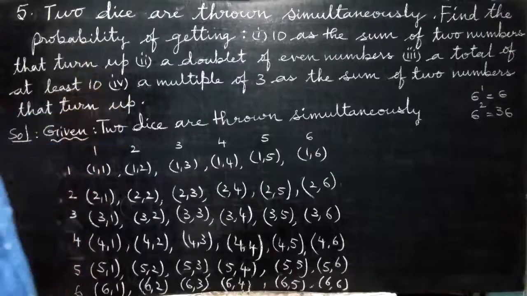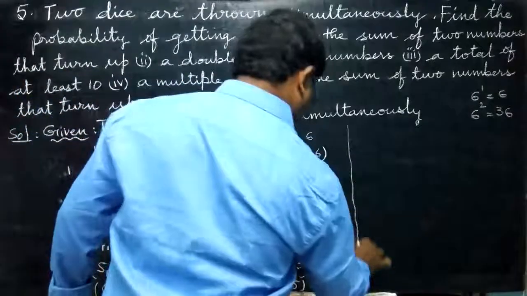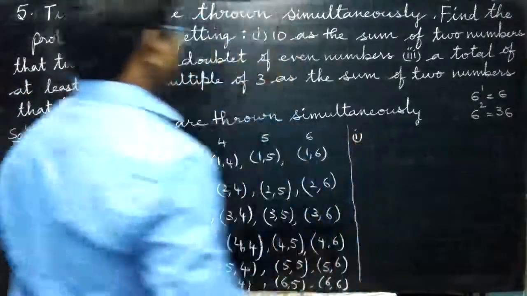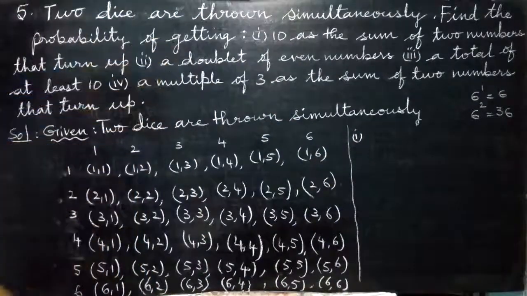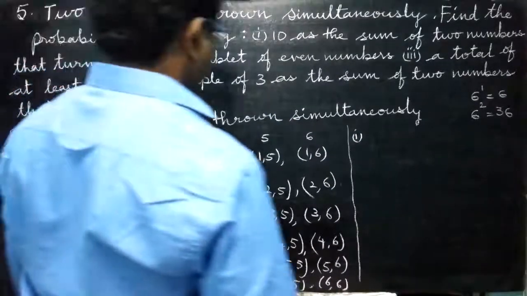Now, first bit. What is the first bit? 10 as the sum of the two numbers that turn up.